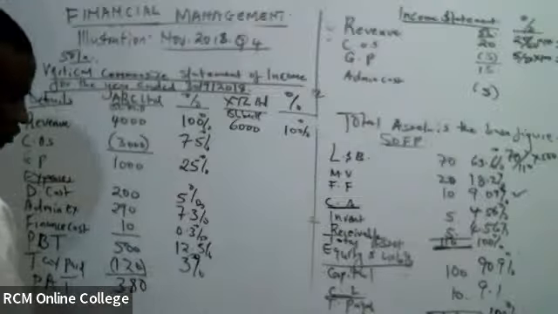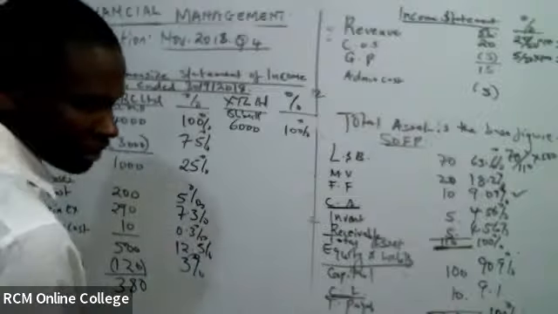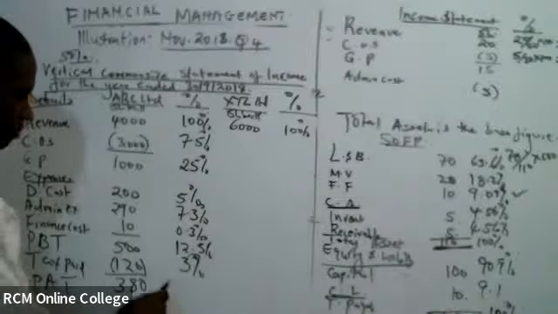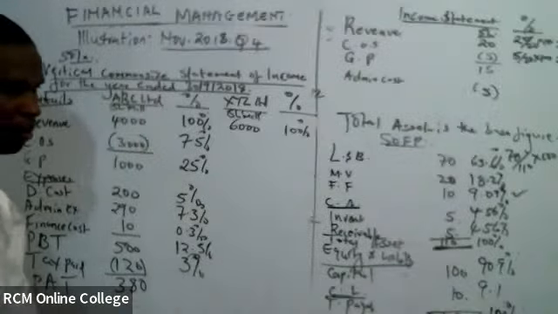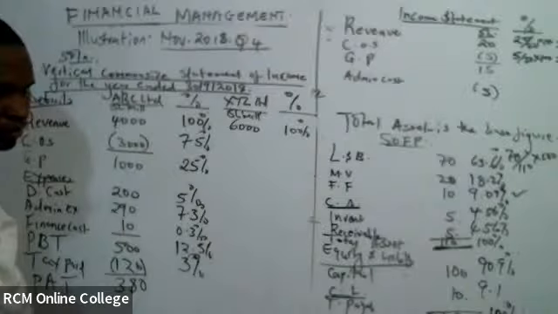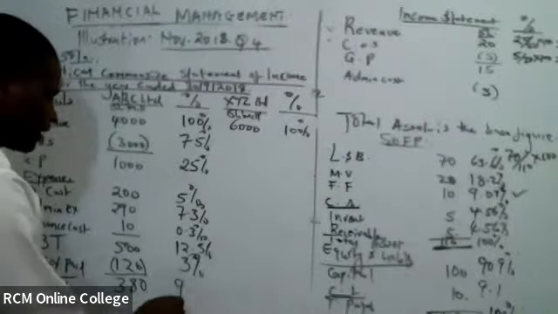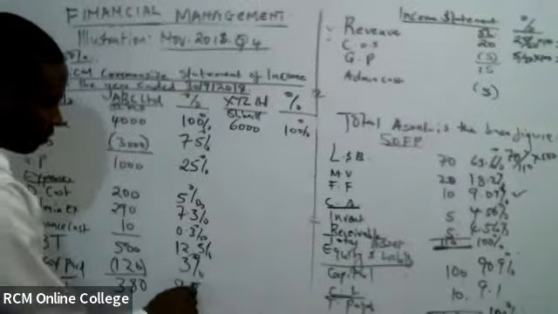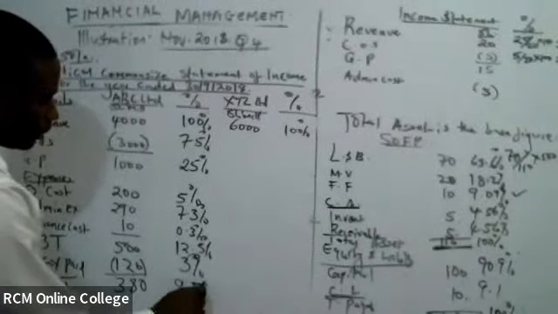So the percentage of profit after tax is 9.5%. Class, you continue like that.